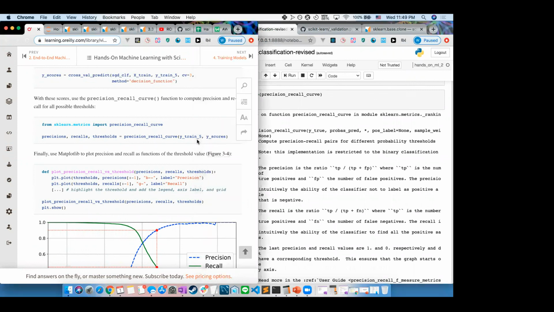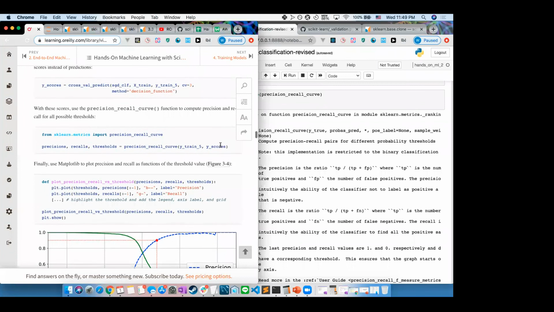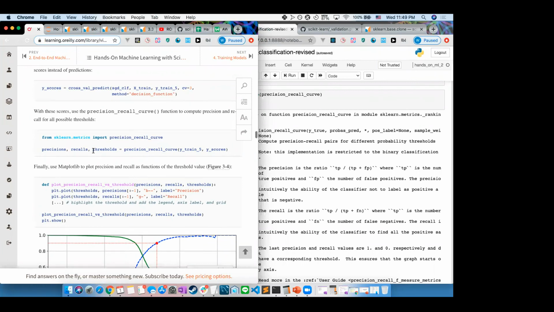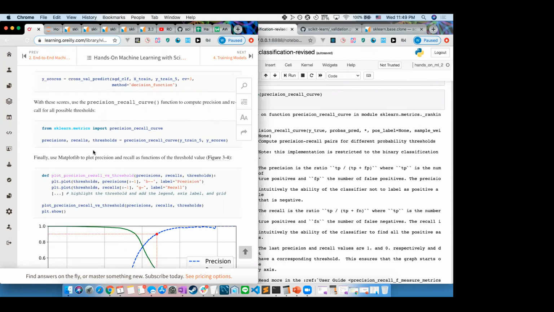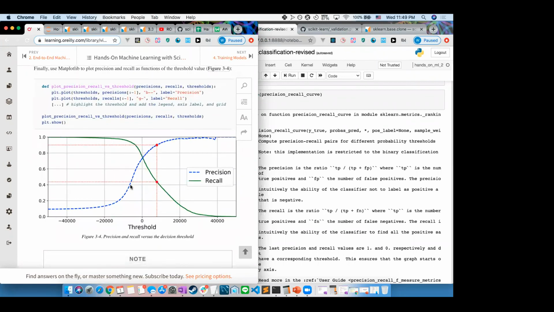So when you have all the thresholds, you get all the precision scores and all the recalls, and you can pair them together and plot them on the same graph. This is how your precision score and your recall score vary between the boundaries.